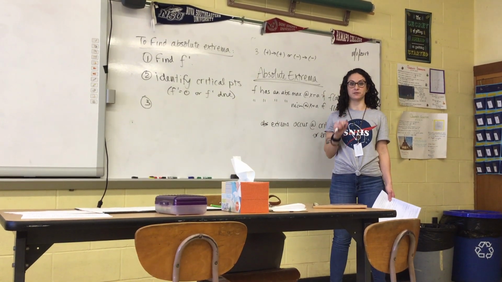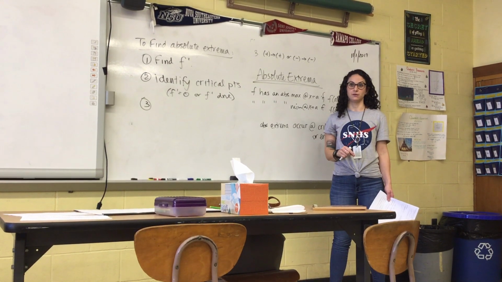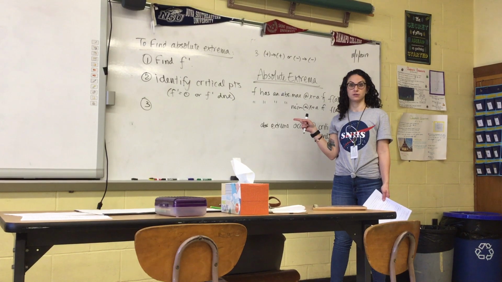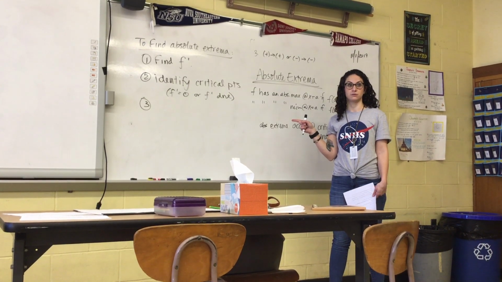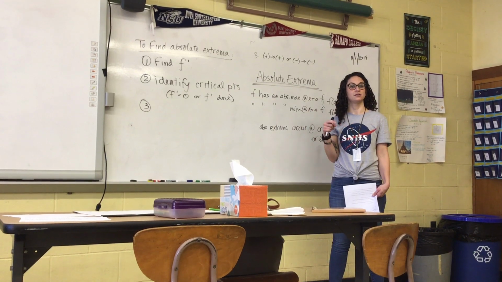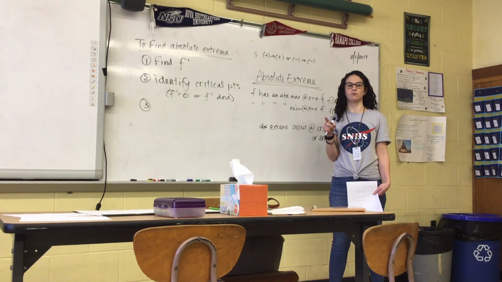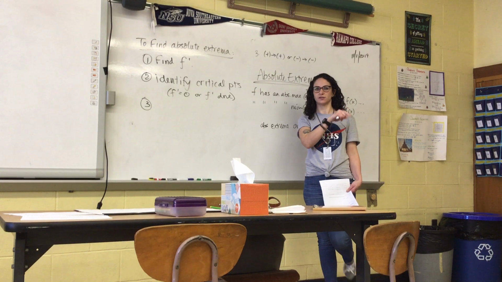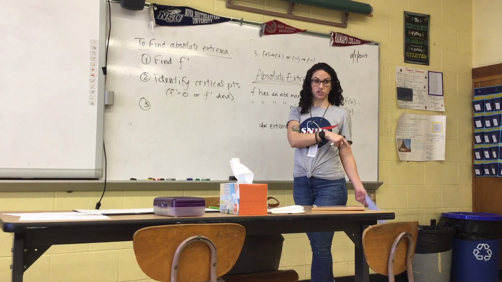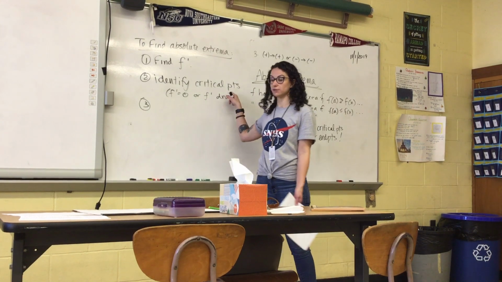I want to find the absolute max and the absolute min, so that actually requires more work than what we have to do here. Look at the graph? Okay, I want to look at the graph without actually having to look at the graph. I want to consider the function. I want to know about the function at my critical points or my endpoints.